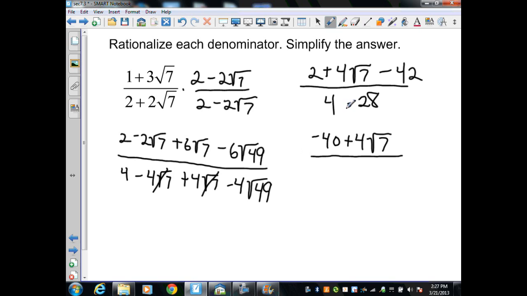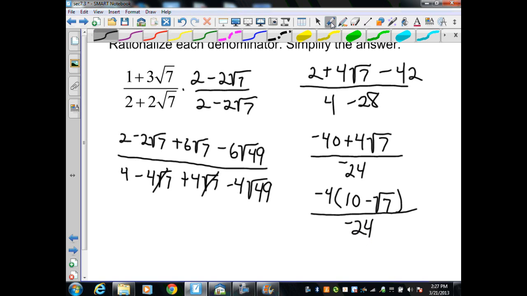over a negative 24. Now, I want to see if I can factor the numerator. I'm going to factor out here a negative 4. That's going to give me a positive 10 minus the square root of 7 over a negative 24.